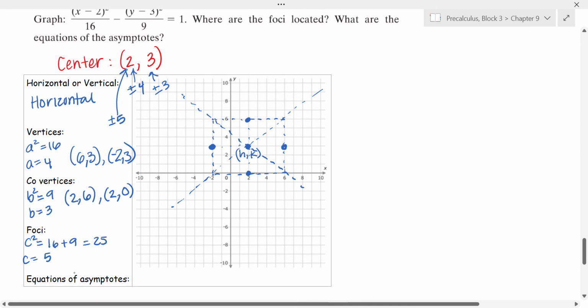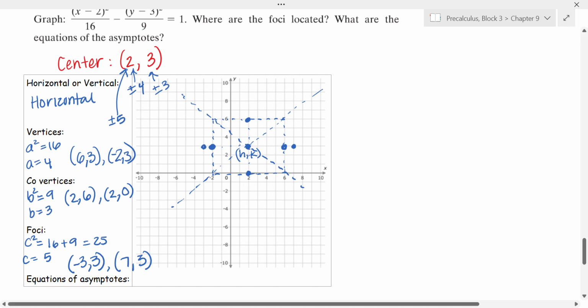So this is going to be 2 minus 5 is negative 3, and keep the same y value. 2 plus 5 is 7, keep the same y value. Draw your foci. We have a negative 3, so it's like 1 unit away from the vertices.